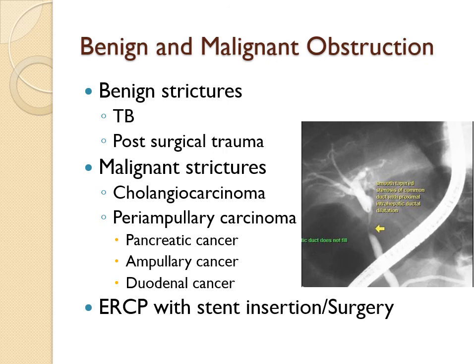This can occur with pancreatic cancer, ampullary cancer, or duodenal cancer. As for other malignant strictures, you can have metastatic lesions, for example lymph nodes, that can also obstruct the bile duct secondary to extrinsic compression. So treatment is ERCP with stent insertion or surgery.